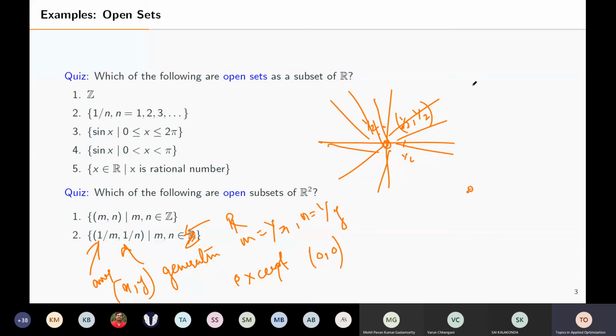It's like considering 0, 1 union 1, 2. Now this is open. What is excluded is the 1 here, but it's open because I don't have to check for interior of 1 anyway.